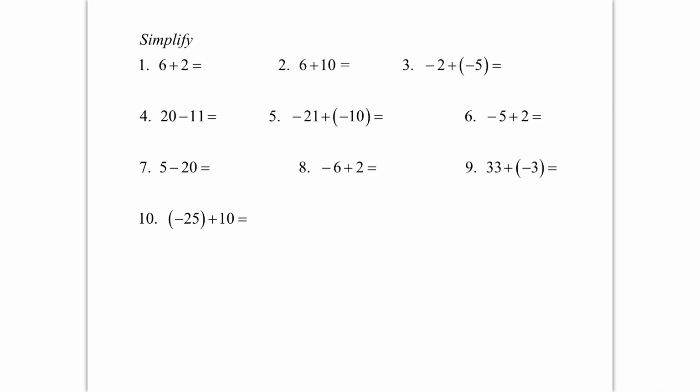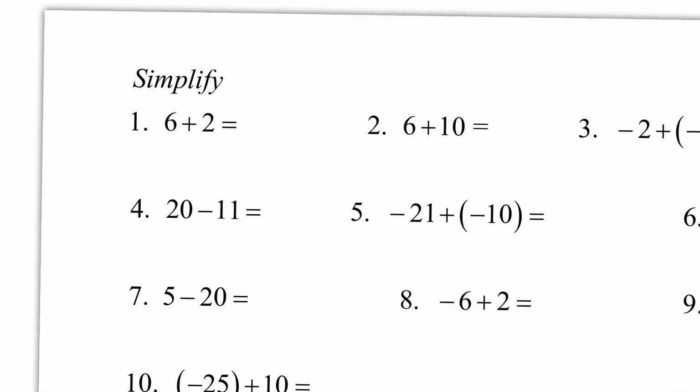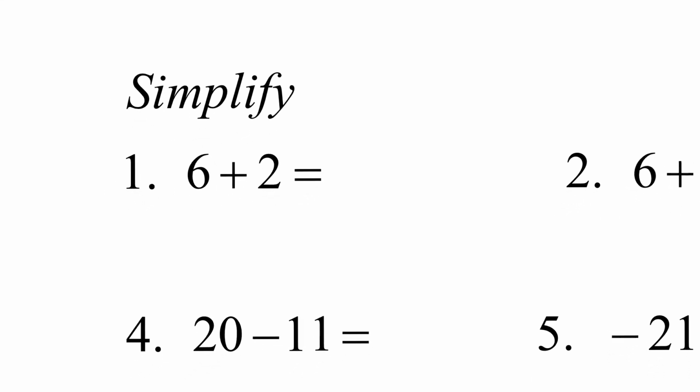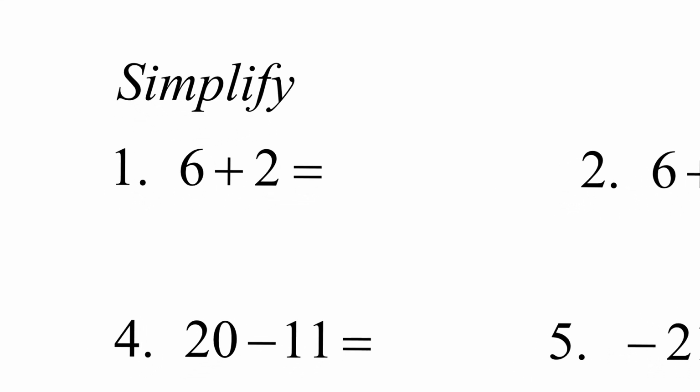Okay, so let's try a few examples. I have 10 different examples here. So I want to show you guys the first 2, and you guys already know the answer of those, but I need to explain, if you guys follow the rules that I show you guys, why the answer is the one you guys got. So looking at the number 1, you guys have a 6 plus a 2. So here's what I want you guys to do. 6, when you guys have a number with no sign on the left side, actually this number is positive.